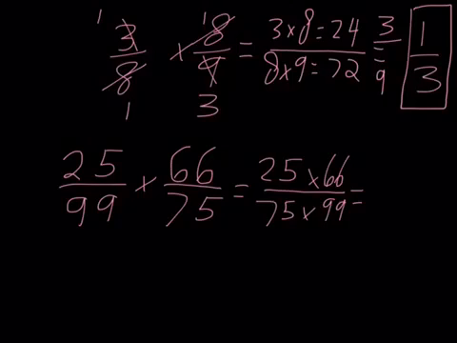So let's see. How many 25s are in 75? There are 3, and 1 25 and 25. 66 and 99. Well, 33 divides into 66 and into 99.